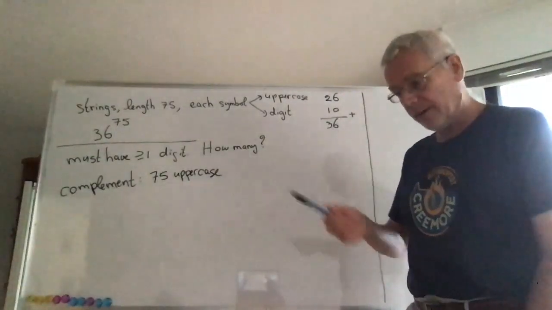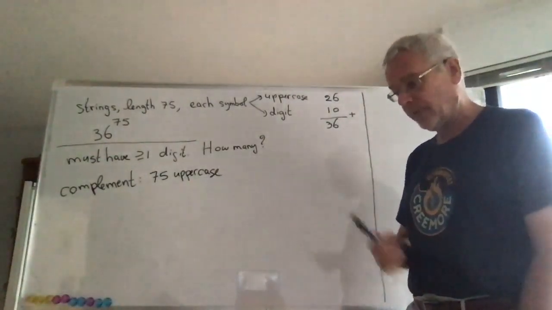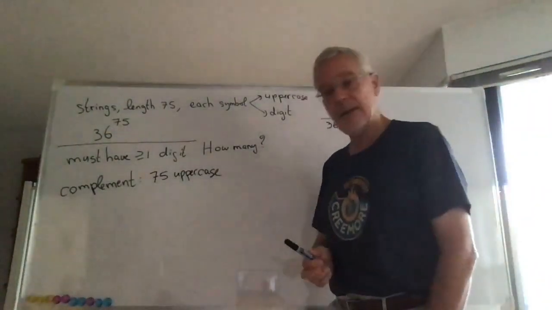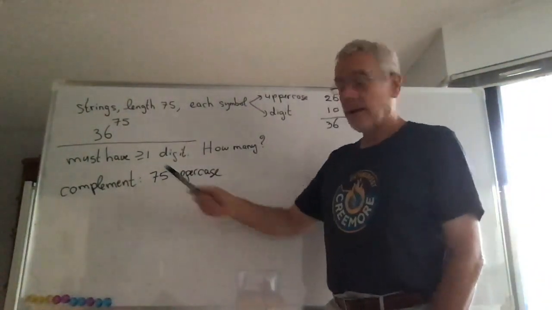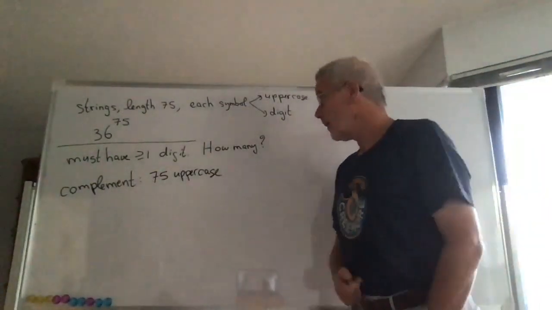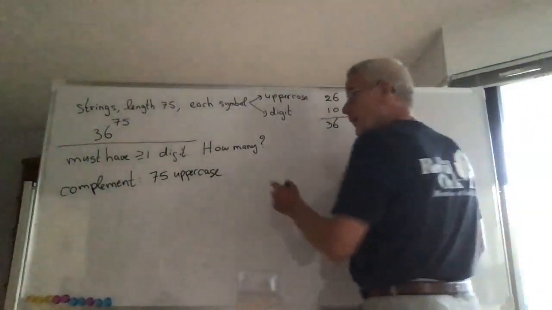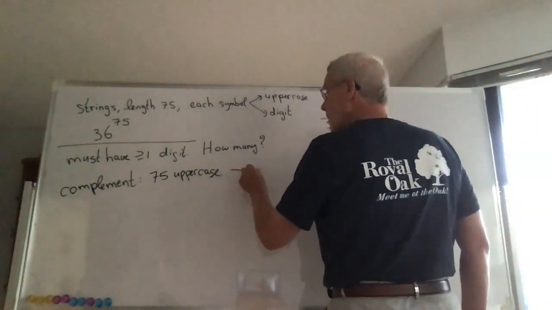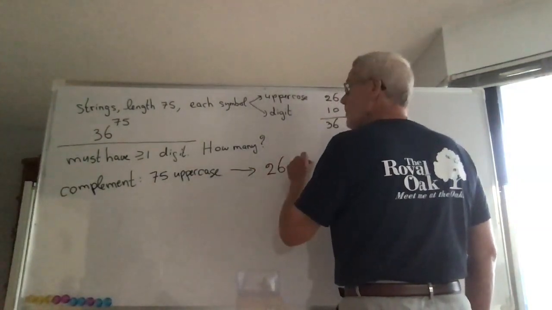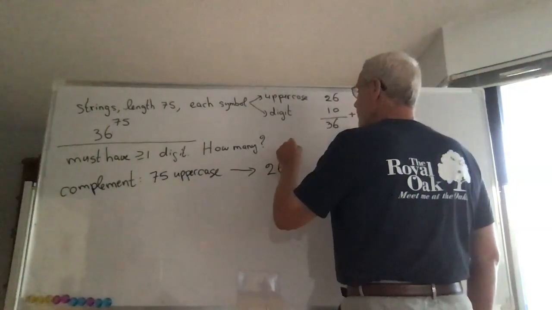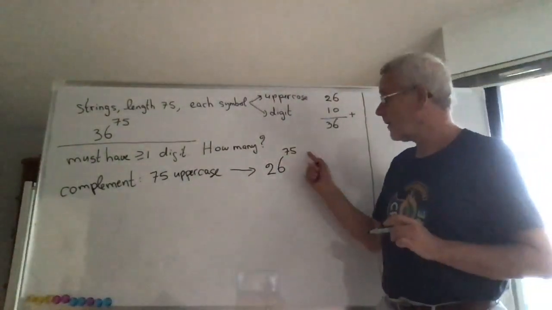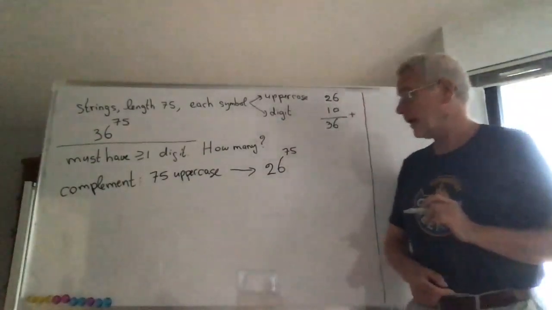For the first symbol, we have 26 choices. For the second symbol, 26. For the third symbol, 26. And for the last one, at position 75, we again have 26 choices. So that means there are 26 to the power 75 possible strings of length 75 where every symbol is an uppercase letter.